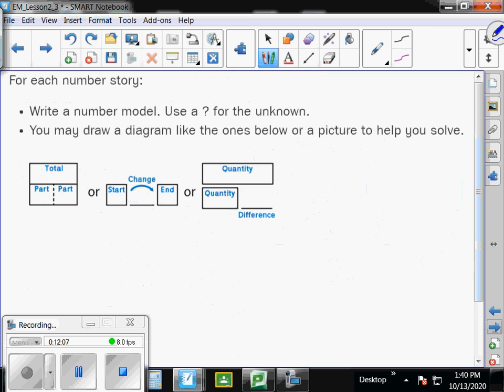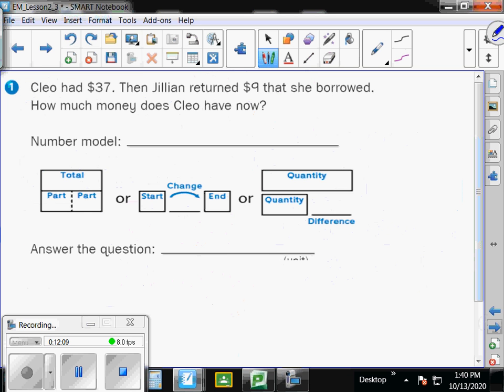All right, boys and girls, what I'm going to ask you to do now is turn in your workbook. And if you don't have your workbook in front of you right now, you can go ahead and pause the video for a minute, go get your workbook, and then come back to it. We are going to work on page 38 and page 39. Maybe you need to print your workbook pages.